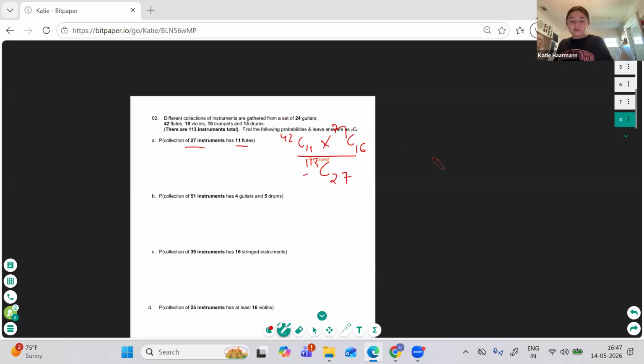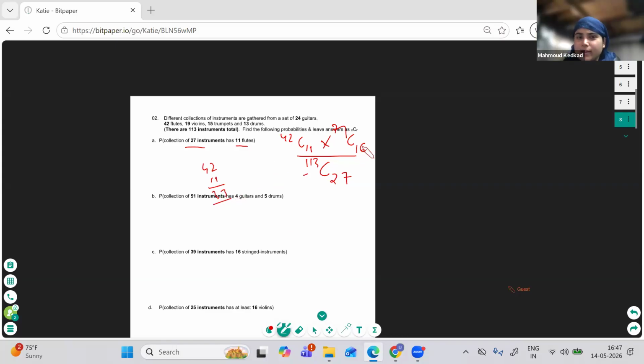Why wouldn't you do it from the remaining of the total instruments? I don't understand why you're subtracting all of the flutes and not just the flutes that you picked out. Because if you do that, 42 minus 11 is 33, so you still have 33 flutes left.